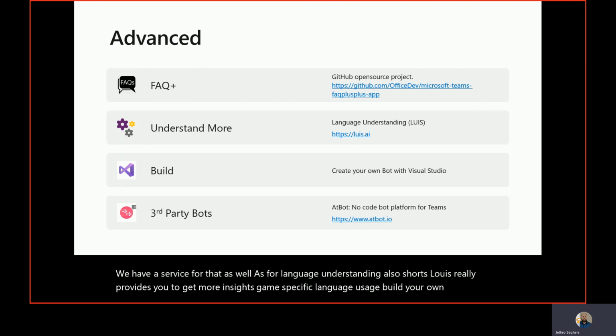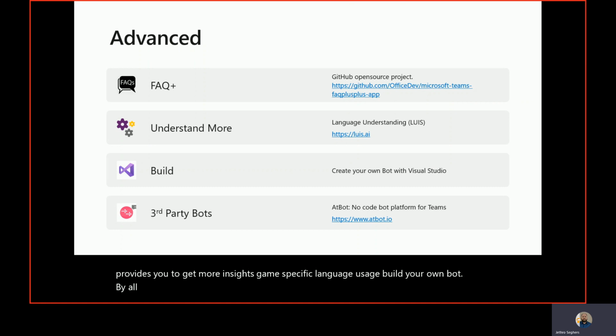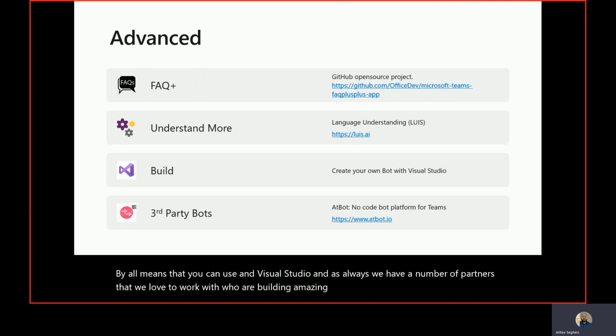If you're a coder, if you're a developer, if you're somebody who wants to start writing code to build your own bot, by all means, we have a Bot SDK that you can use, and Visual Studio is definitely the way to go. And as always, we have a number of partners that we love to work with who are building amazing bots. One that I like to point out is AdBot, and that's really a no-code bot platform for teams.